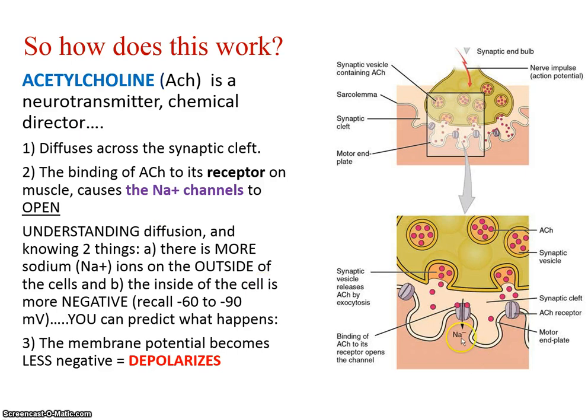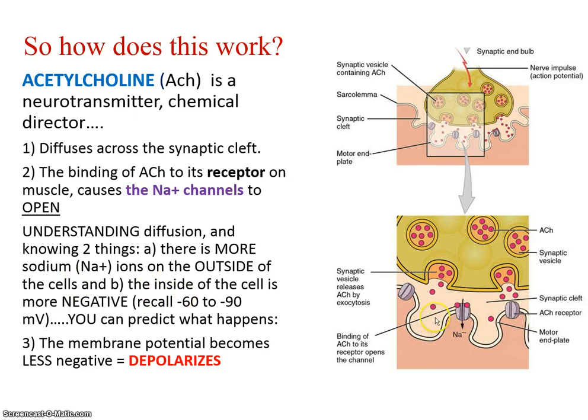I don't know why they have a negative here, but in the book, figures sometimes show that, it's a positively charged ion. So binding of the acetylcholine to its receptor causes the sodium channels to open.